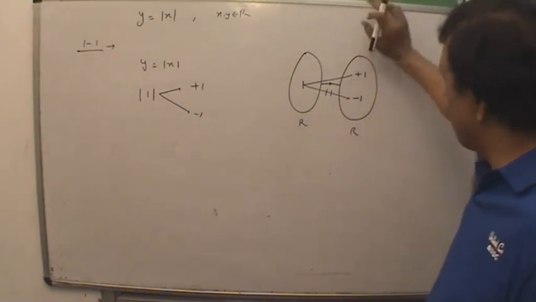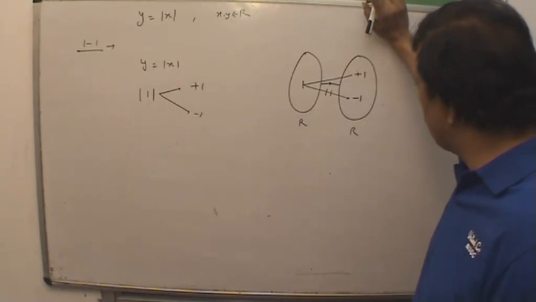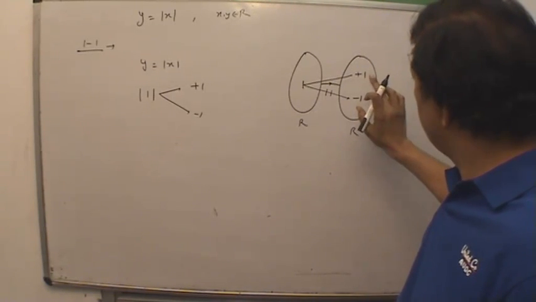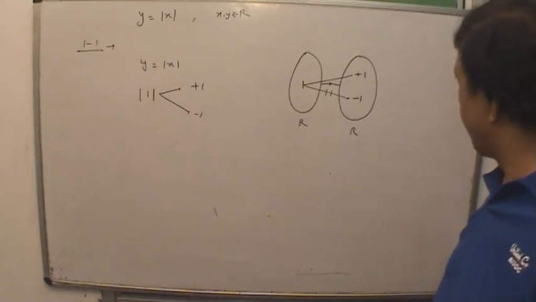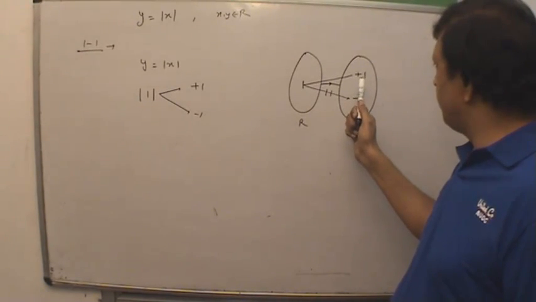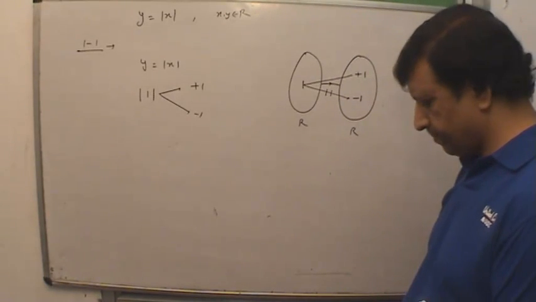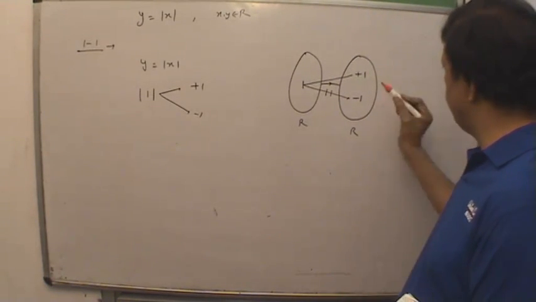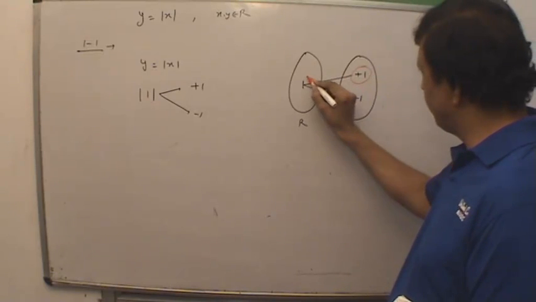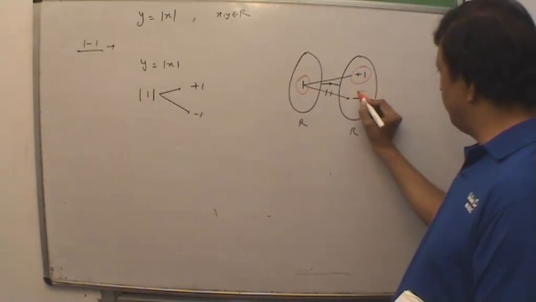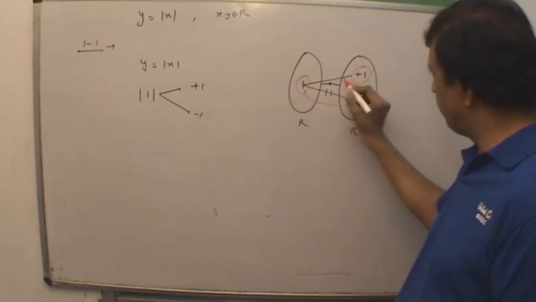Now what about the onto? For onto, we see from inside the mirror. The pre-image of plus 1 is again 1, and the pre-image of minus 1 is again 1.